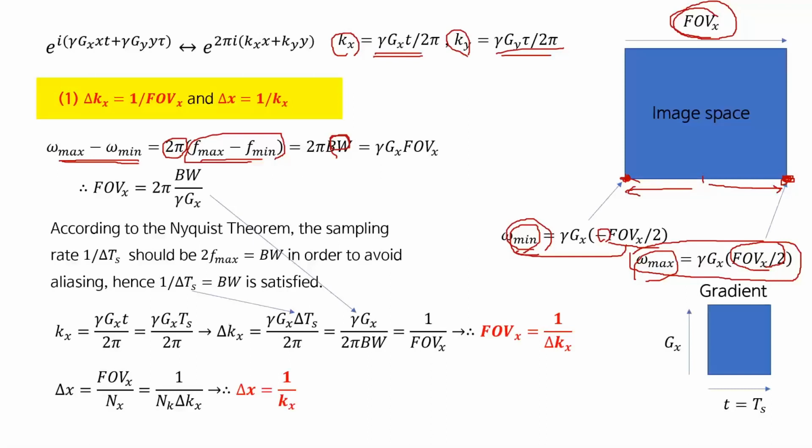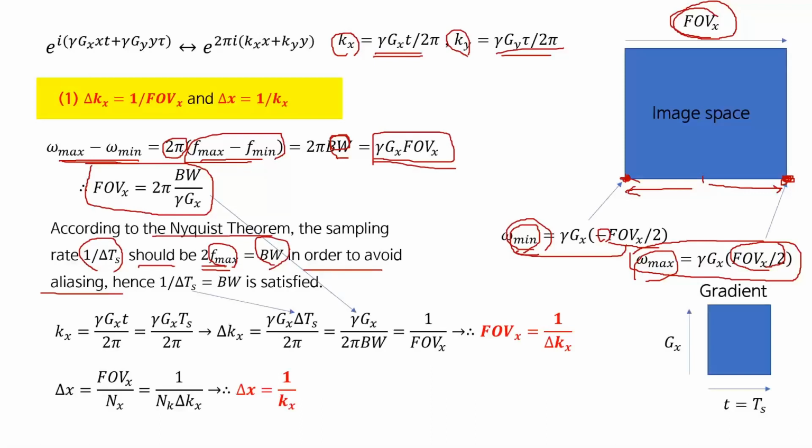From here, we subtract these two equations, we have this relation, and we can get this relationship. According to the Nyquist theorem, the sampling rate, 1 over delta Ts, should be twice the maximum frequency, that is the bandwidth, in order to avoid aliasing. Hence, 1 over delta Ts is the bandwidth.